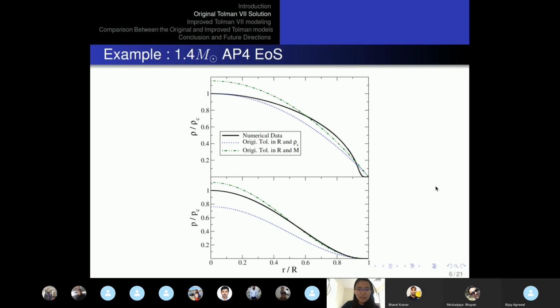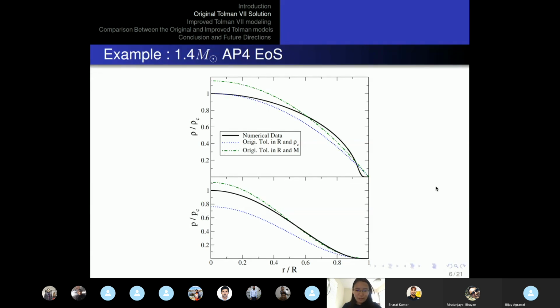And this is the Tolman VII solution. And this is how the Tolman VII solution behaves for this example star, which is AP4 equation of state and 1.4 solar mass. And you can see that for the rho profile, the original Tolman solution in terms of radius and central density is slightly better than the one in radius and mass for the region near the center.